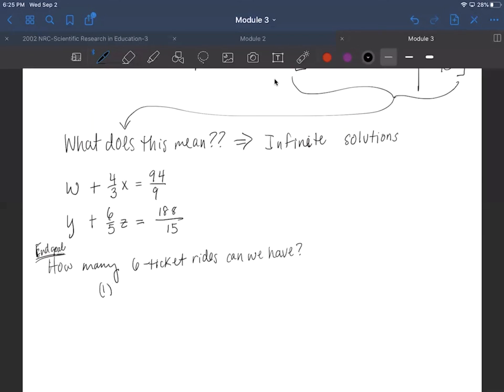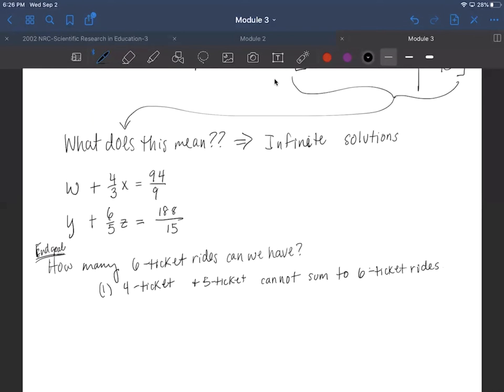Remember, 4 ticket and 5 ticket rides cannot sum to 6 ticket rides.